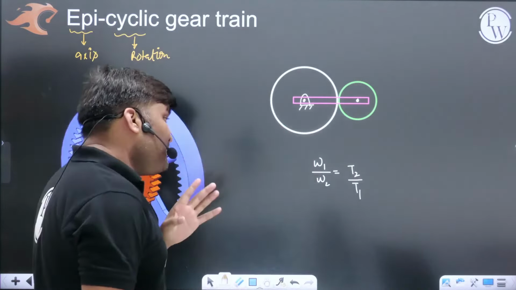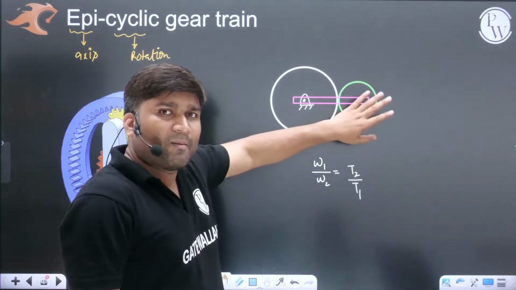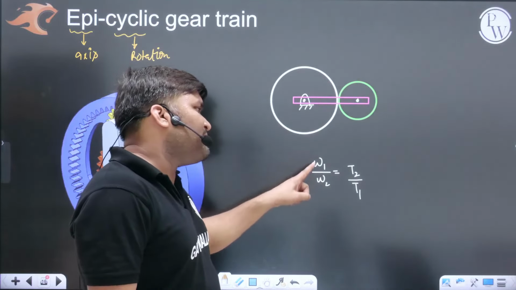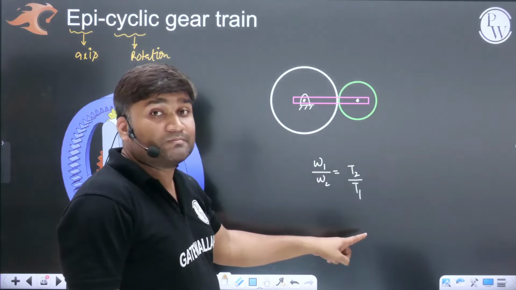Now, believe me, beta, when these two gears were rotating about their fixed axes, I could very easily use omega 1 by omega 2 is equal to T2 by T1. But now, once the arm has started rotation, these formulas are not going to give you answers. These formulas are not even valid. Why am I saying so?